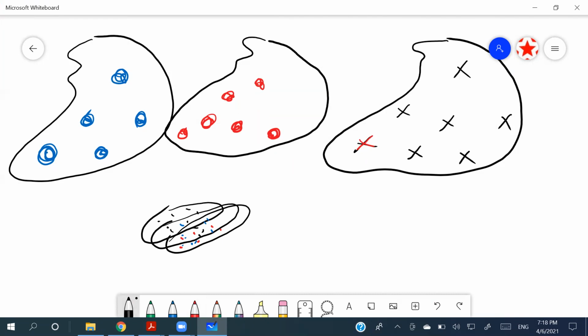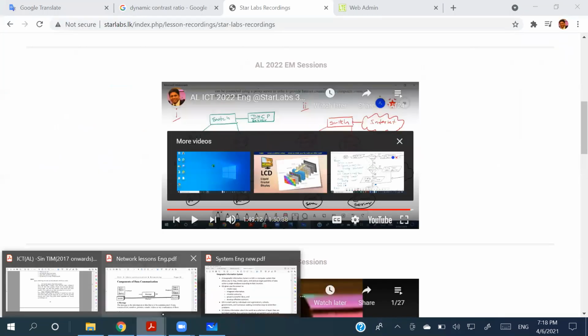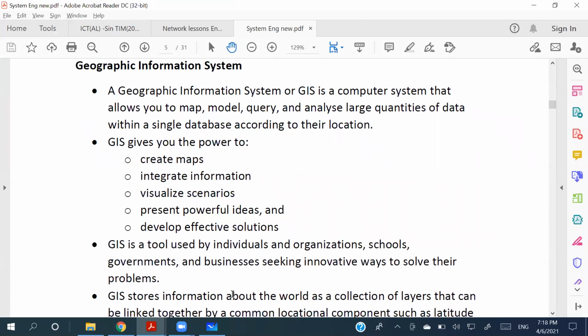So when we are searching, regarding our search query, they just select which map they need to show and they just pop it up. Right? So remember, a geographical information system is regarding the information which is based on the geographic location.